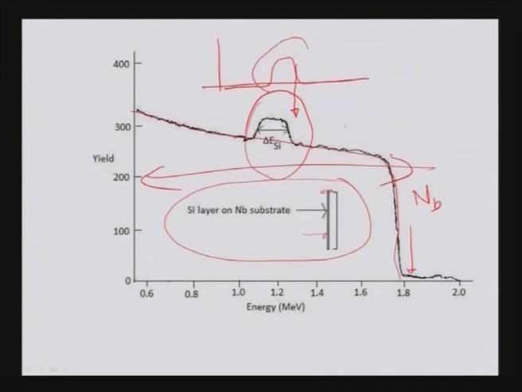So this silicon is riding on the niobium. So you have a step here. This step tells that silicon has started, and then this down step here, the silicon has ended. From this you can find the width of this silicon layer and all those things. That is the kind of analysis of this RBS.